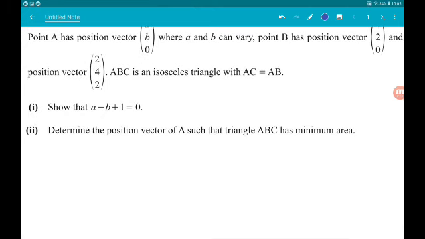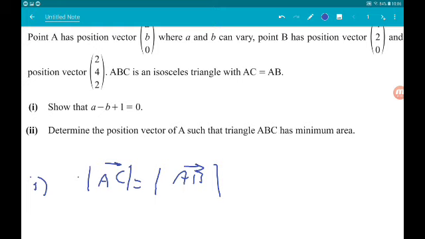So that means the magnitude of AC is equal to the magnitude of AB. Remember, the magnitude of a vector is just its length. So, let's find AB and AC.